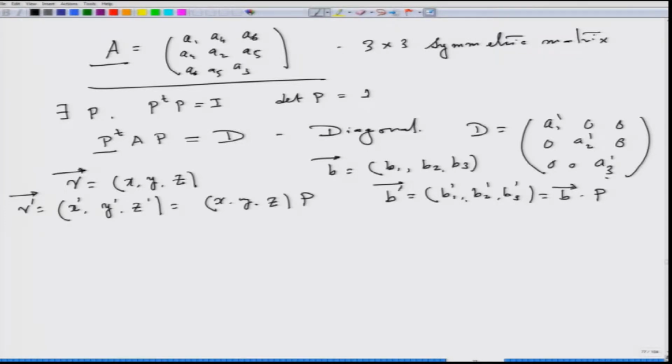So, what will happen to the original equation? What was the original equation? R dot A plus B dot R plus C equal to 0, right.